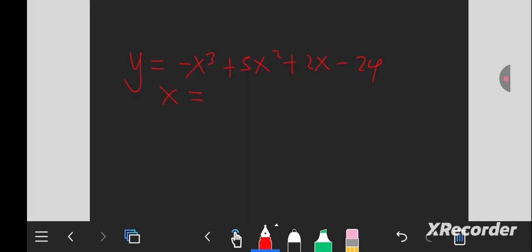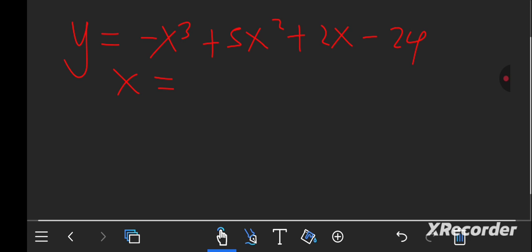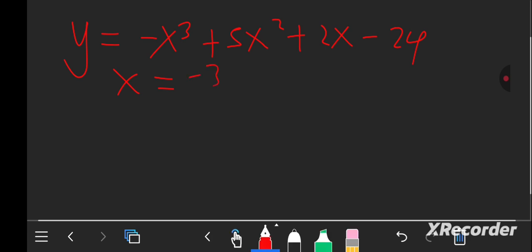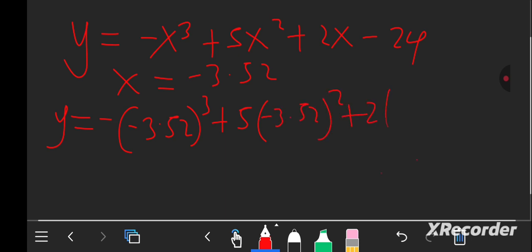We substitute negative 3.52 where there is x: negative 3.52 cubed, then plus 5 times negative 3.52 squared, plus 2 times negative 3.52, then minus 24.